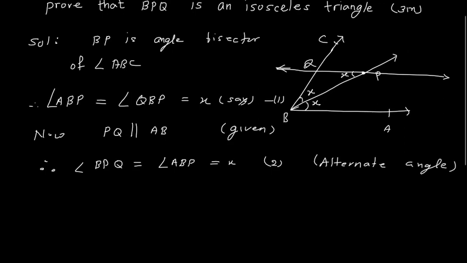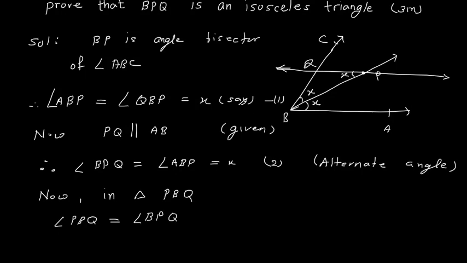So here now in triangle PBQ, I will take triangle PBQ. In this triangle PBQ, angle PBQ is equal to angle BPQ is equal to x. Both are equal to x.